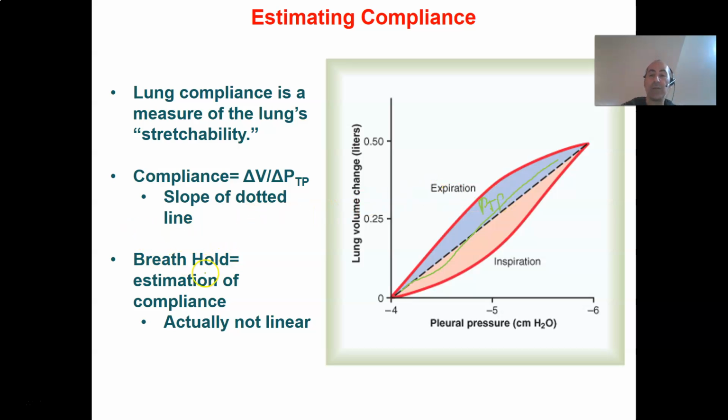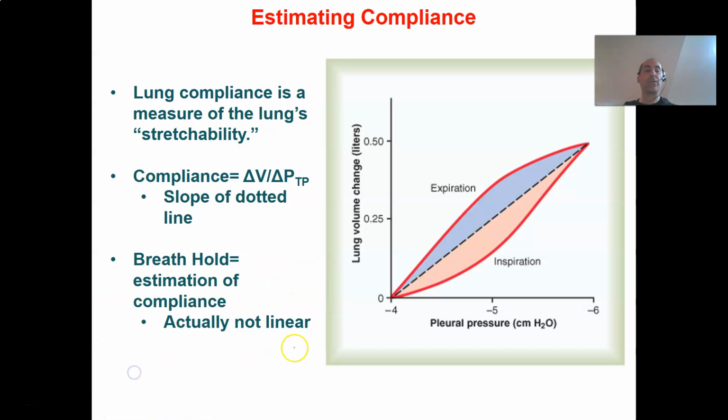We use a breath hold. Remember that it's an estimation of compliance. It's actually not linear. If you drew this graph out, or saw some of the more advanced versions of it, the actual curve looks like this. So that straight dotted line ends up being a curved line.